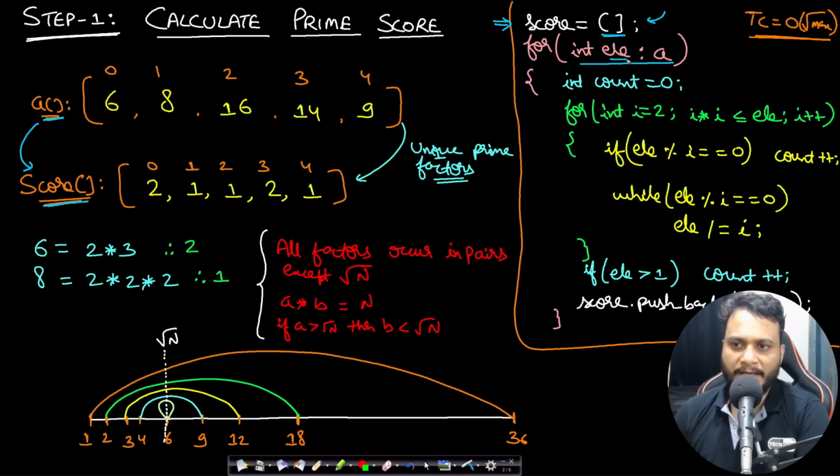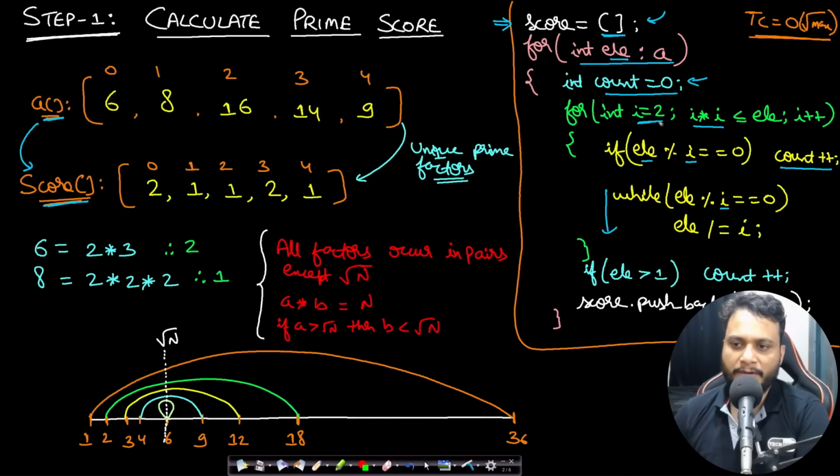For every element in the array, I will be setting a counter equal to 0, and I will go from 2 to square root of the element, and I will check if I can divide the element with the factor i. Then I will increment the unique counter, and I will continuously divide the element as long as it is divisible by the given value i.